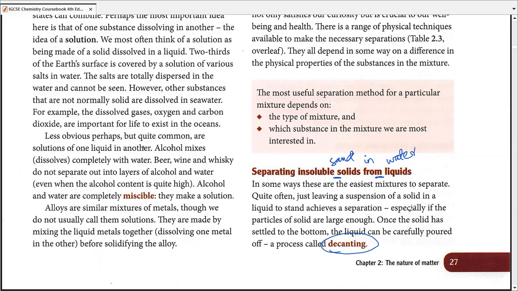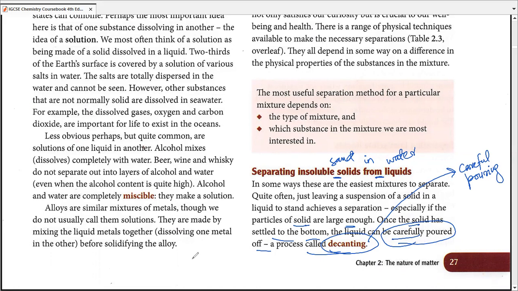What is decanting? If the particles of solid are large enough, they settle down at the bottom. Once the solid has settled down to the bottom, the liquid can be carefully poured off, and this process is known as decanting. Even decanting itself is defined in the same way: careful pouring, right? So do you understand the point?